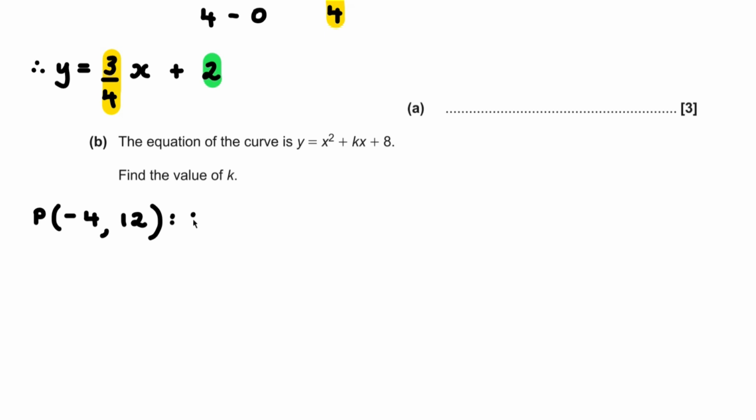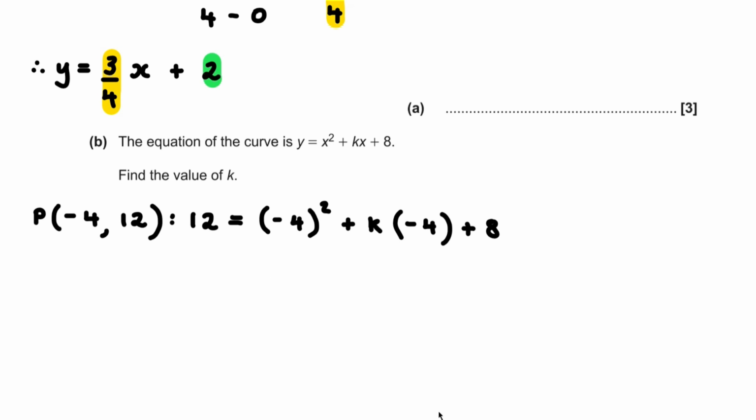So we've got 12 equals negative 4 squared plus k multiplied by negative 4 plus 8.